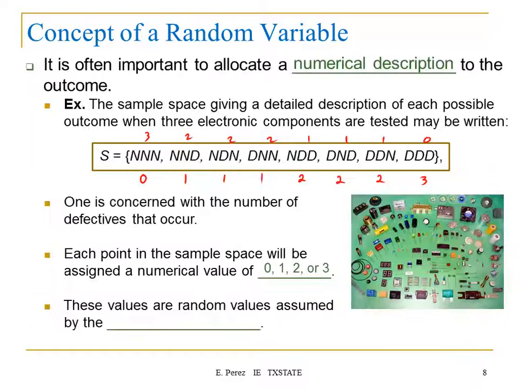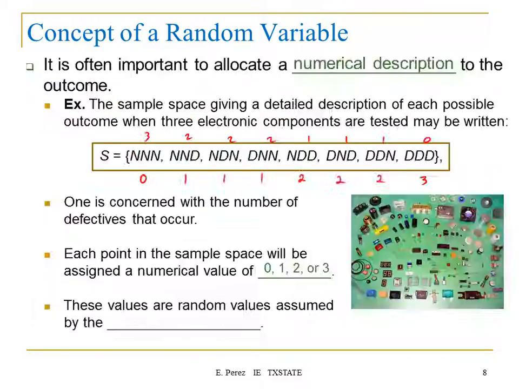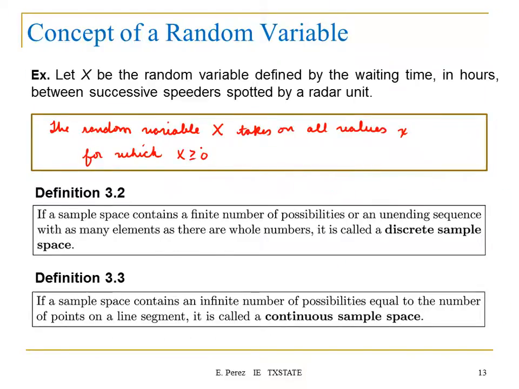Okay, so we have now two definitions. The first one: if the sample space contains a finite number of possibilities, or an unending sequence with as many elements as there are whole numbers, that is called a discrete sample space. Okay, so now we are making that distinction. Discrete sample space, finite numbers of possibilities.